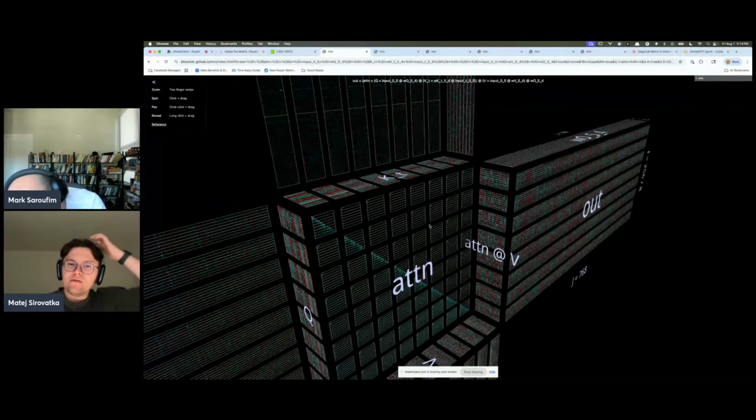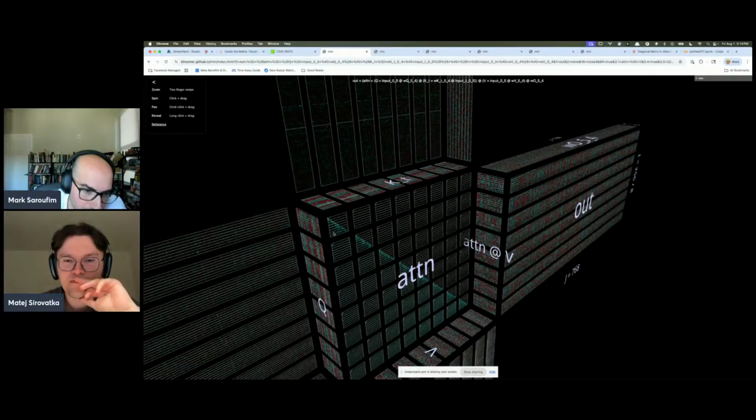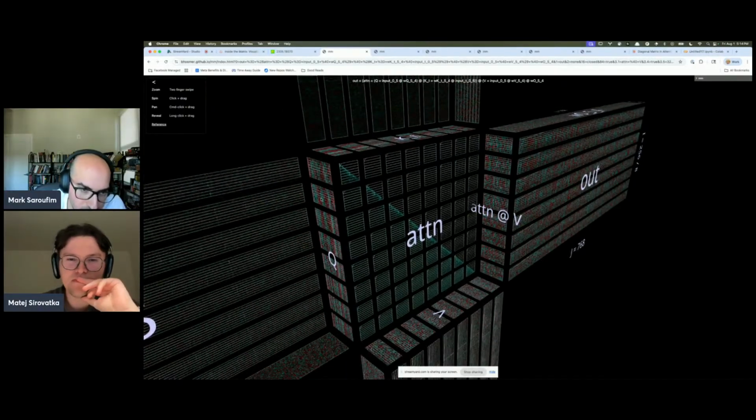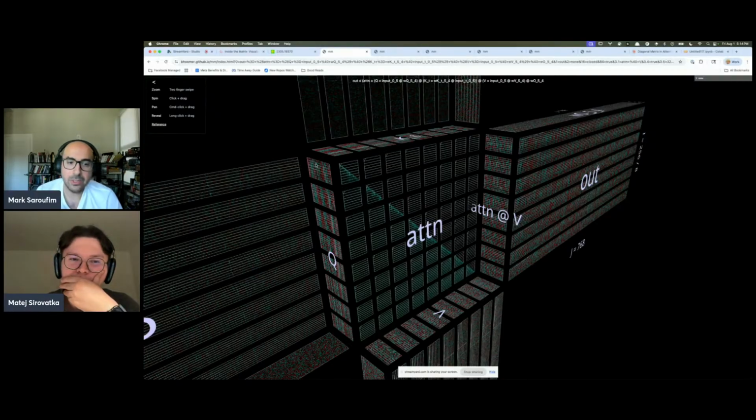Wait, so sorry. The right way to split this would be, let's say each machine owns a different shard of Q. Let me just finish the point. It just has Q, so I am responsible for computing this first block in the attention matrix.